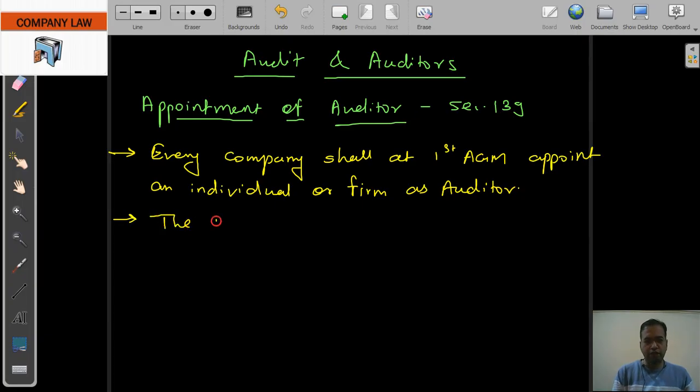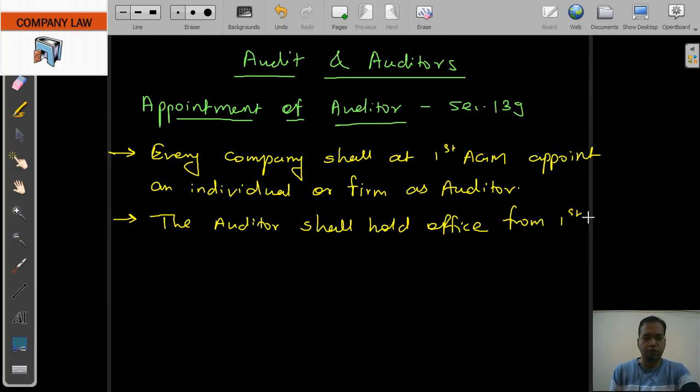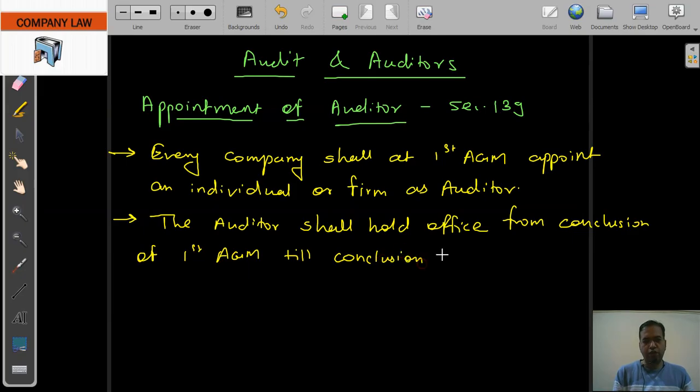The auditor shall hold office from the conclusion of the first AGM till the conclusion of the 6th AGM.